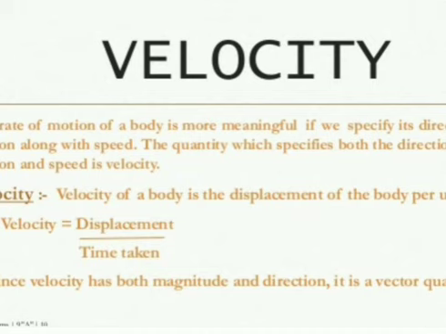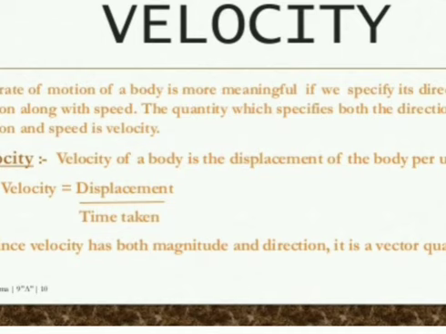So what will be the definition of velocity? Velocity of a body is the displacement of the body per unit time. Students, you can easily frame the definition of any physical quantity from its formula. So what will be the formula for velocity? Velocity is equal to displacement upon time taken.